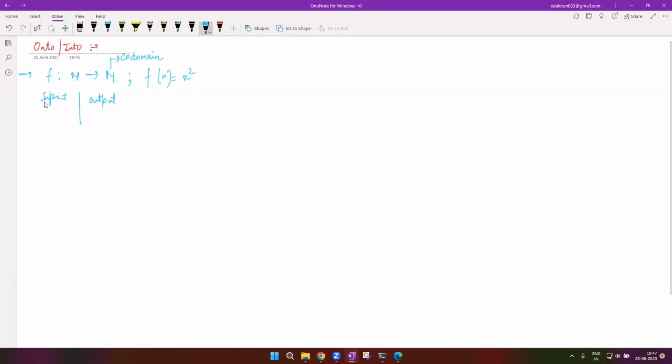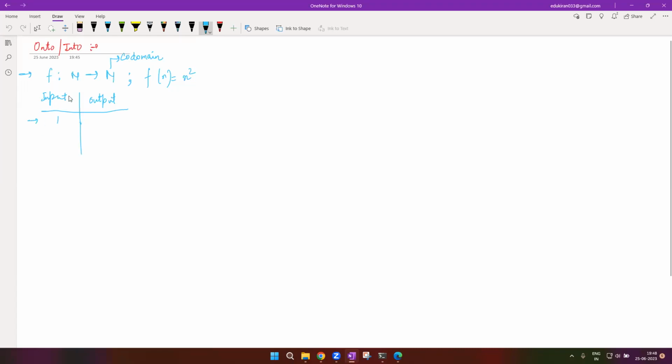Now let's first find out. This is a very mechanical, manual step, but I'm just showing it for your understanding. What are the inputs that we can give? Input can be 1, 2, 3, 4, 5, 6, 7, 8, 9, 10, and similarly it will increase.